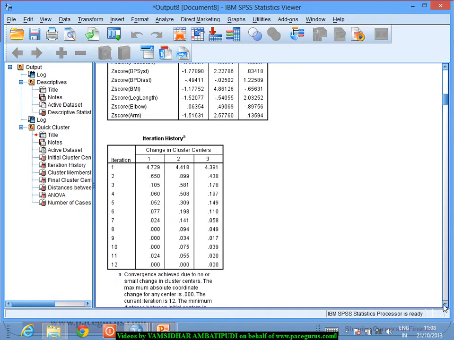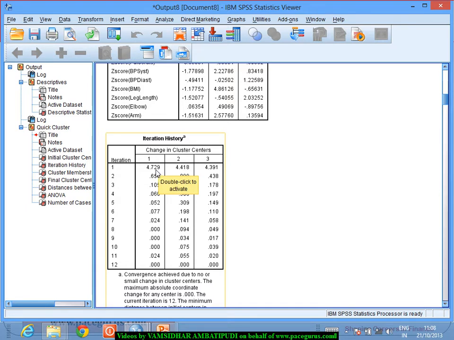But look at the iteration part, it is showing the progress of each cluster at each step. Initially, there is a huge difference. In the initial stages, the cluster centers are shifting much faster.